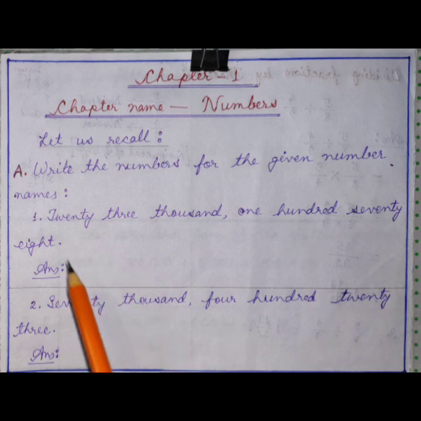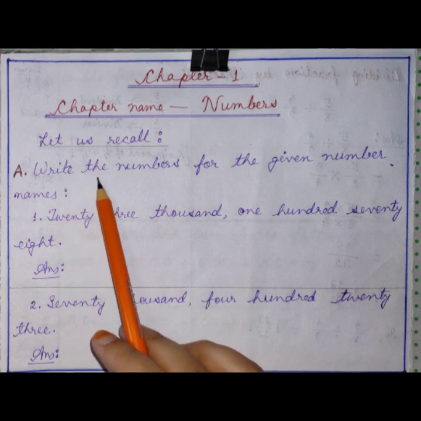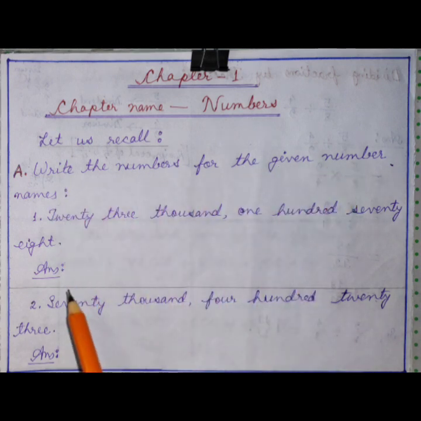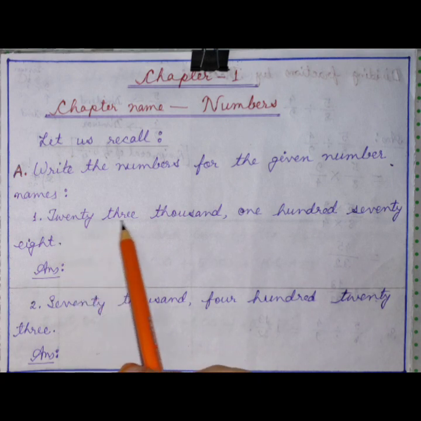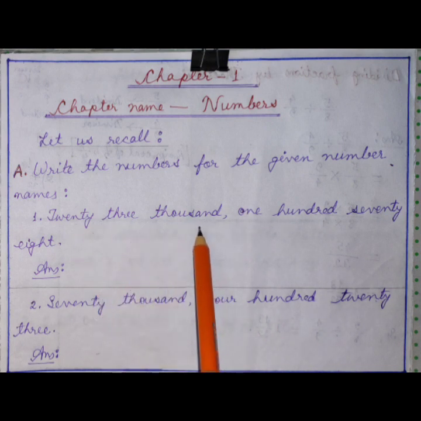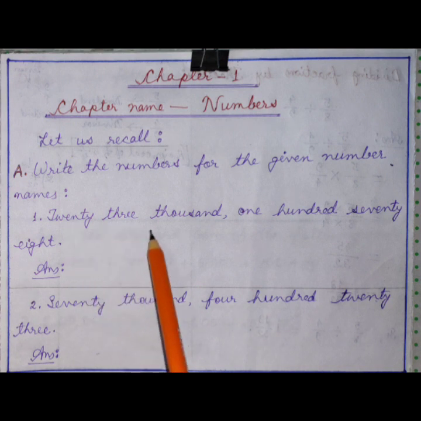The first question is, write the numbers for the given number names. Whenever you are given a number in words, it is called what? Number name, right? You have to express this number name in numbers.